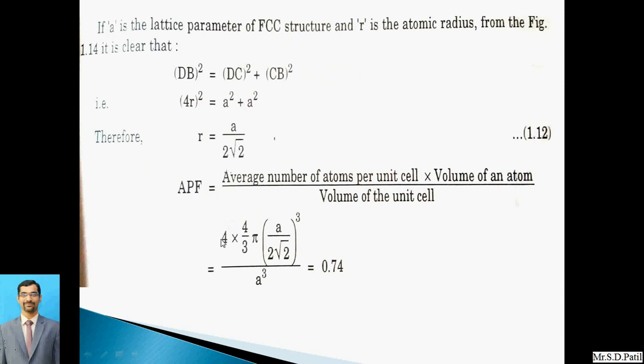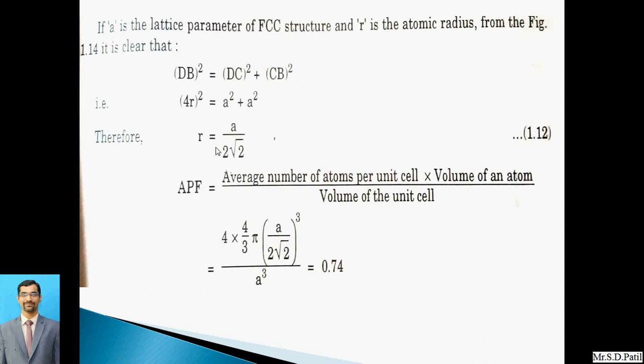Already we have calculated in the previous lecture that it is 4, into 4 by 3 pi r cube divided by the volume of the unit cell, that is a cube. So pi r cube, here we put the value of r. Now how is that calculated? It is calculated from the previous structure itself.